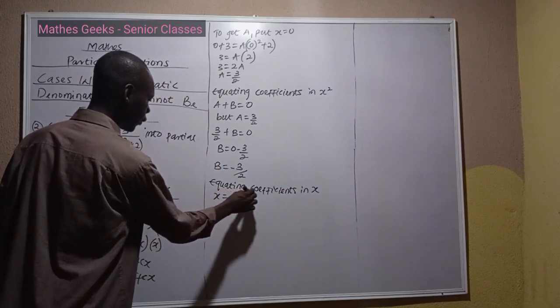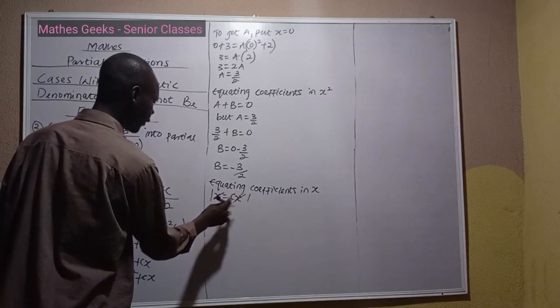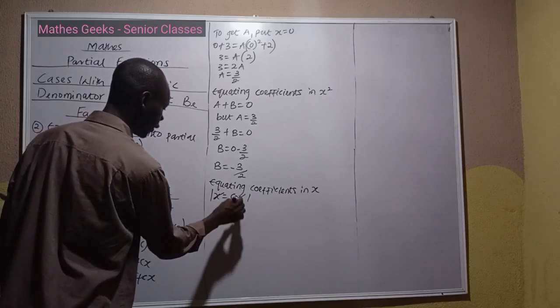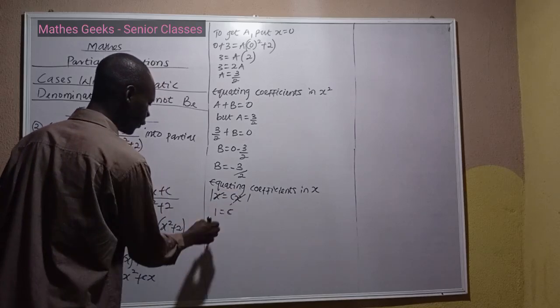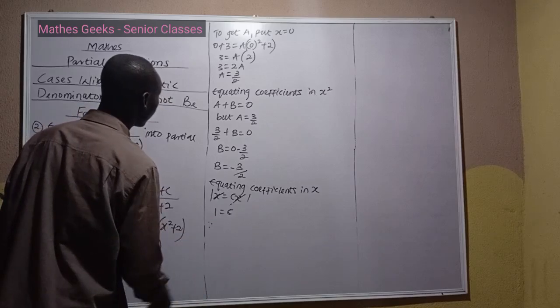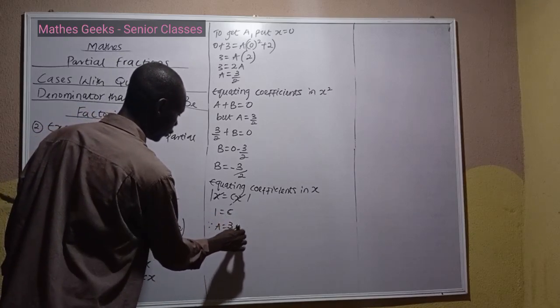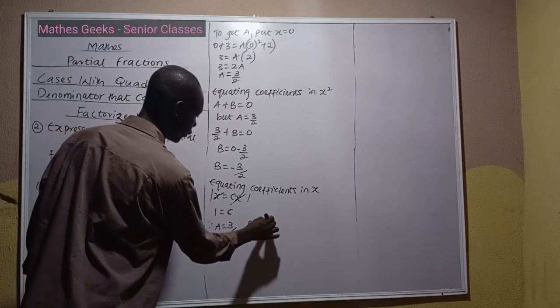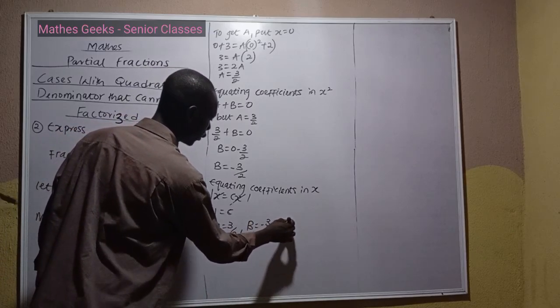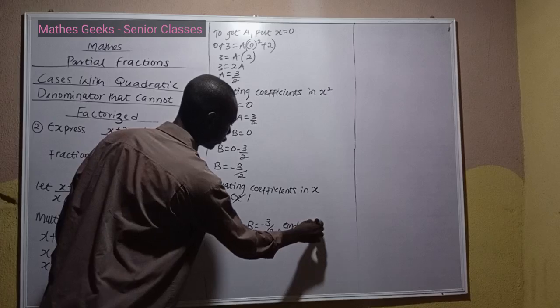So x here is 1, x here is 1. 1 times c is c, and 1 is equal to c. So therefore e is equal to 3 over 2, b is equal to minus 3 over 2, and c is equal to 1.